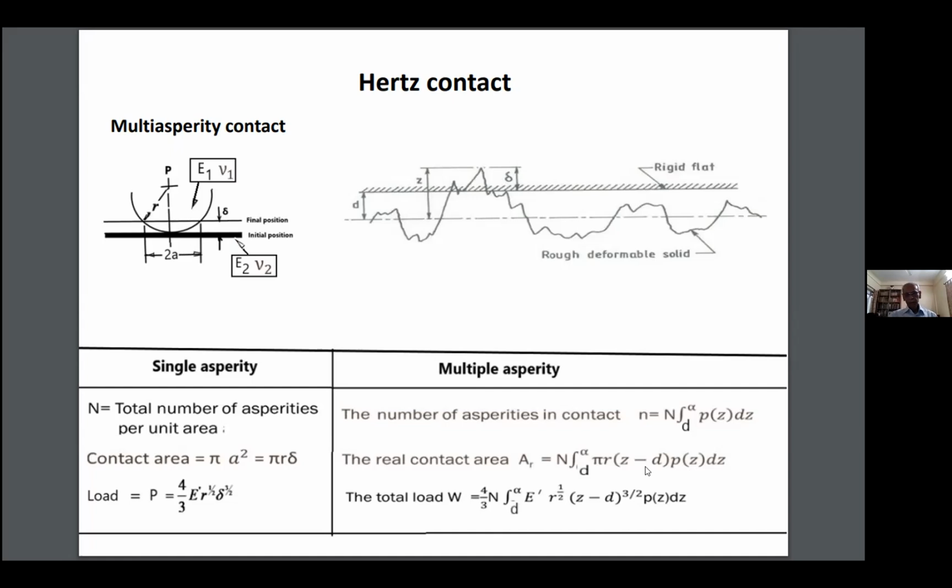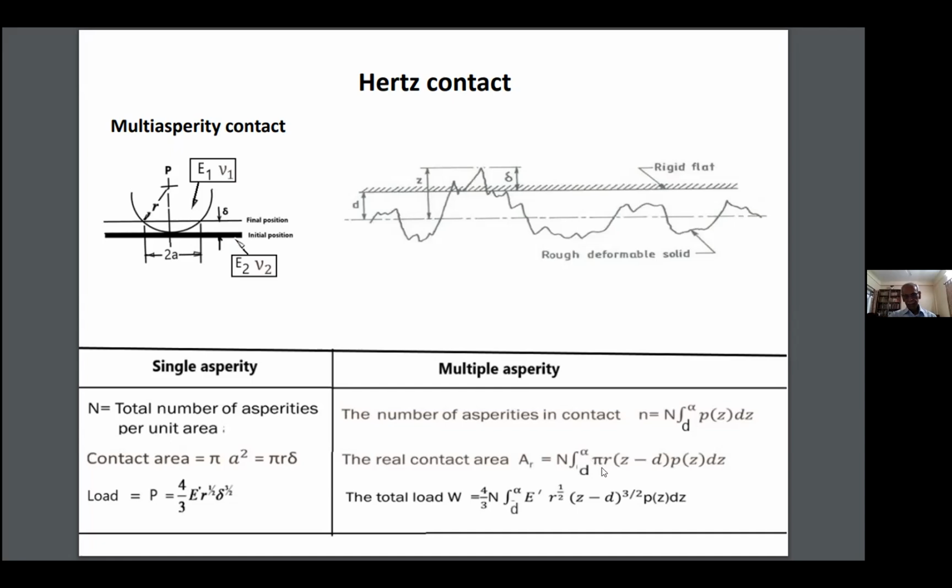So the real area of contact, which is an important issue as we have seen before, can be calculated by taking N integral D to infinity pi R (Z minus D) Pz dz. N, because the number of asperities has to be taken care of.